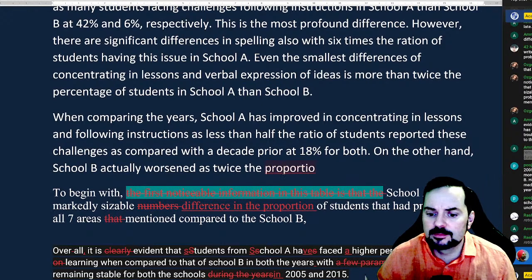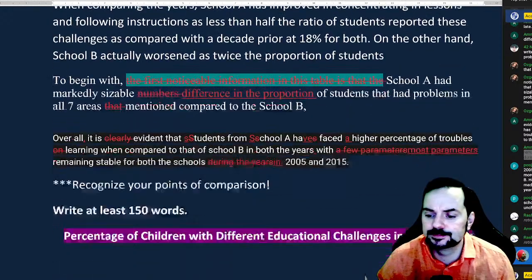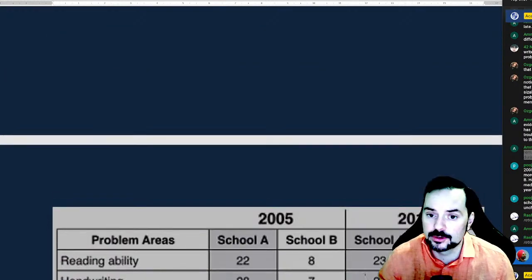Okay, twice the proportion of students reported having difficulty following instructions.